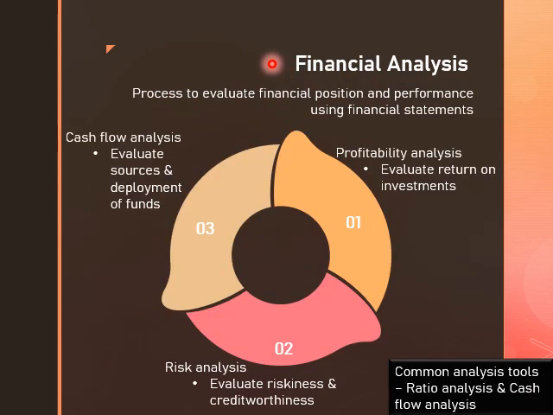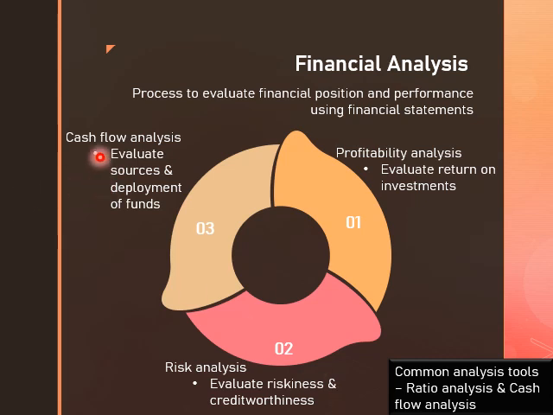Seterusnya adalah financial analysis, which is the process to evaluate financial position and performance using financial statement. So first one, kita kena tengok on the profitability analysis, which is evaluating the return on investment. Secondly, kita akan tengok on the risk analysis, which evaluating the riskiness and the creditworthiness of the company.